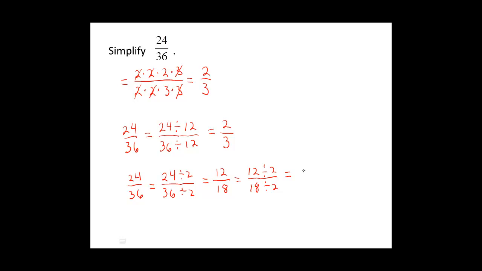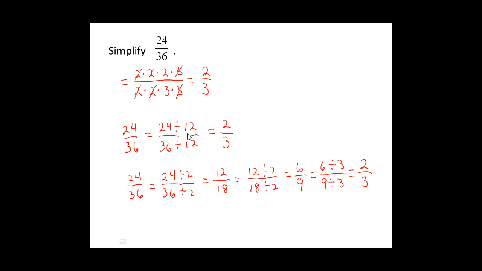So 12 divided by 2 is 6, and 18 divided by 2 is 9. 6 and 9 have a common factor of 3, so we can divide the numerator by 3 and the denominator by 3. And we finally get 6 divided by 3, which is 2, and 9 divided by 3, which is 3.